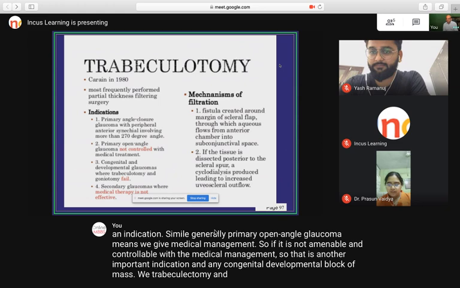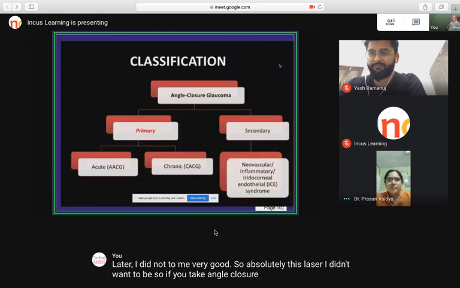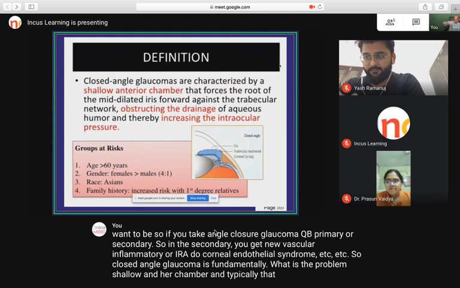If you take angle closure glaucoma, it can be primary or secondary. In the secondary, you get neovascular, inflammatory, or iridocorneal endothelial syndrome, etc. So closed angle glaucomas, fundamentally what is the problem? A shallow anterior chamber, and typically that forces the root of the mid-dilated iris forward against the trabecular network, and that obstructs the drainage of the aqueous humor and increases the intraocular pressure.